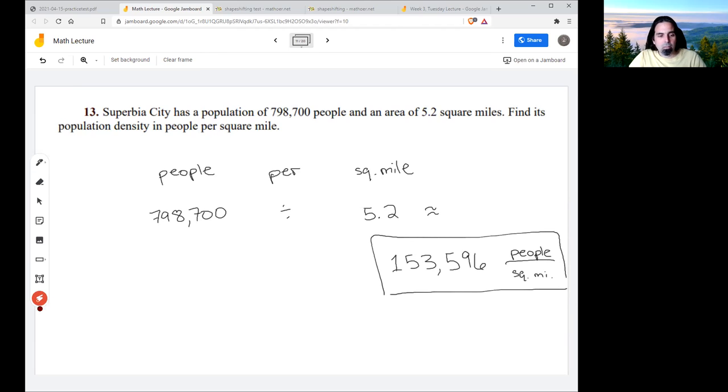There's nothing about the numbers themselves that make an order happen. It's just what the question asked me. The question could have said, as a different question, what's the square miles per person? In other words, how much land would each person get? We could divide in the other order. It would make sense as a thing. It's just not the thing for this question.